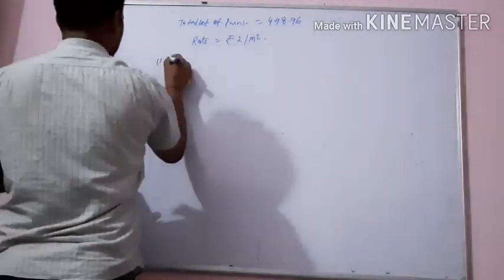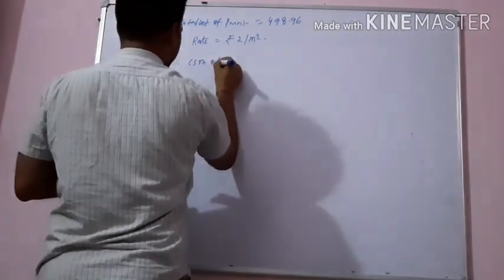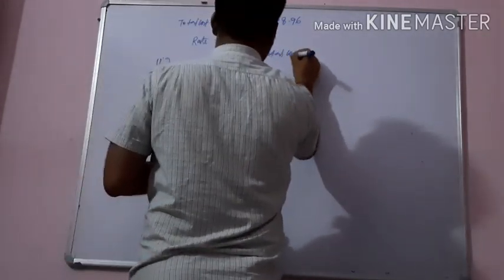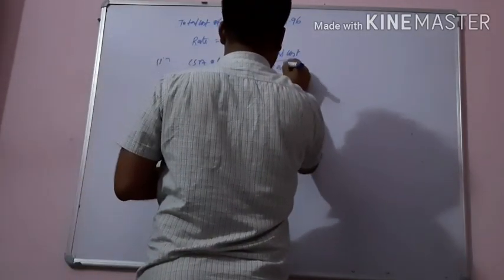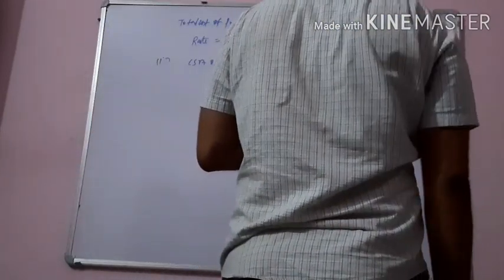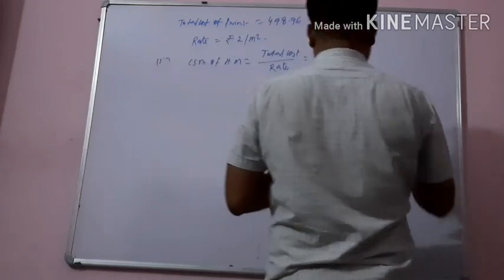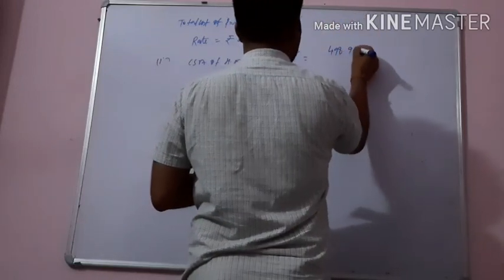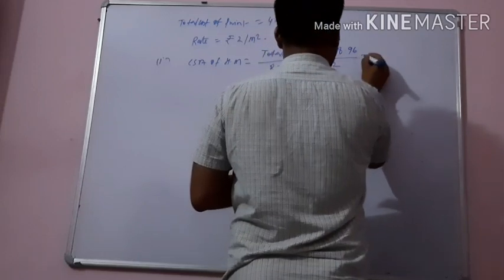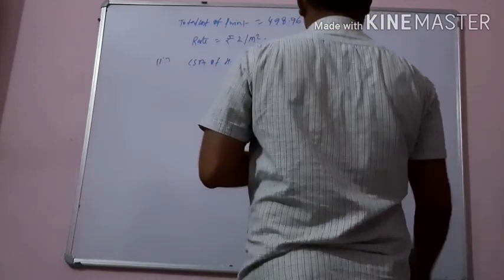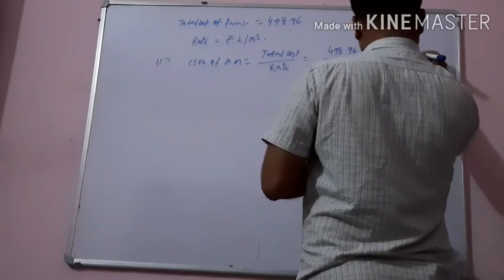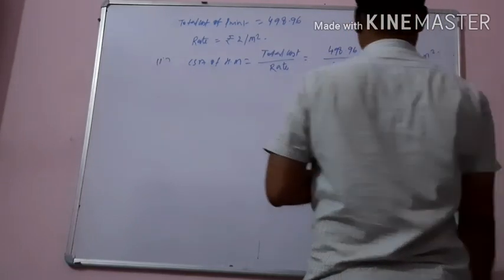So first, the CSA of the hemisphere can be given as total cost upon rate. So the total cost is 498.96 upon 2, which equals 249.48 meter square.